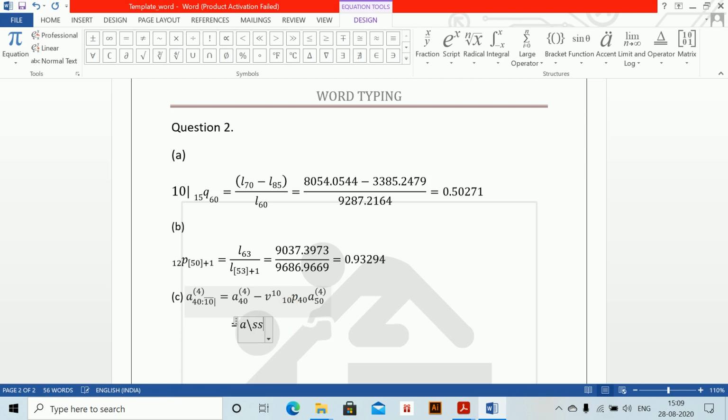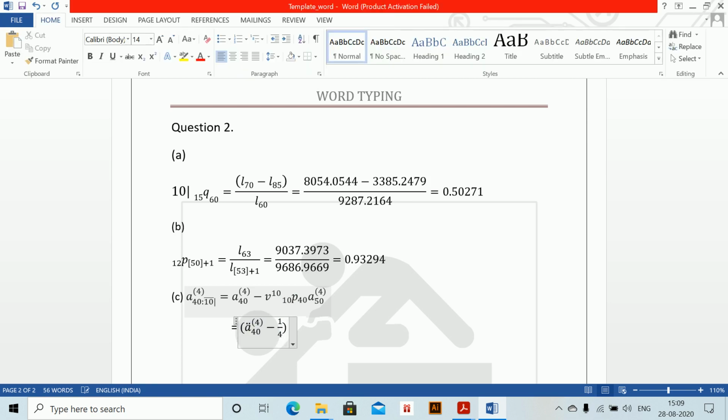So a-double-dot, okay, a-double-dot underscore 40 to the power 4, put double brackets 4, okay, then only it will be there, minus 1 by 4 in brackets this portion, and then minus v to the power 10, 10px.